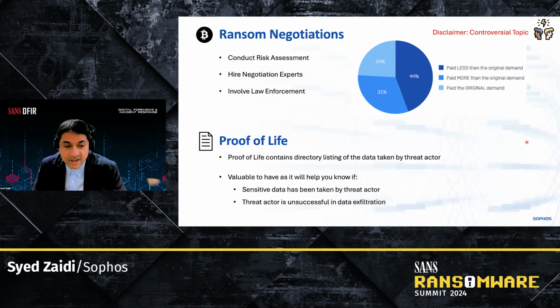Because that proof of life contains the list of all the data taken by the threat actor. So if you have that list ready, you can see whether the threat actor has accessed the data which you consider sensitive. And sometimes when you receive the file, you will see, oh, they have taken nothing important. And that can be a very significant step in your business restoration.